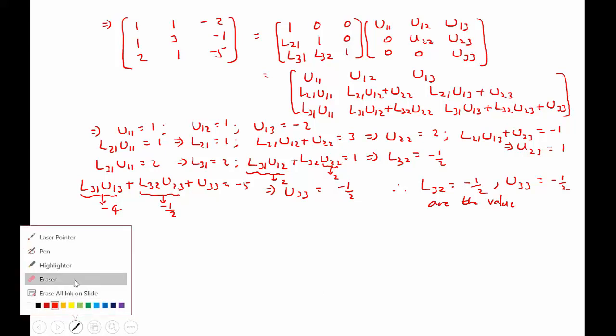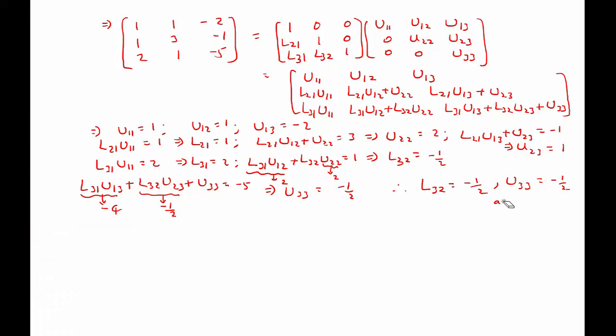So you can write here directly. Therefore, in option D only we have L32 is equal to minus half, u33 is equal to minus half.